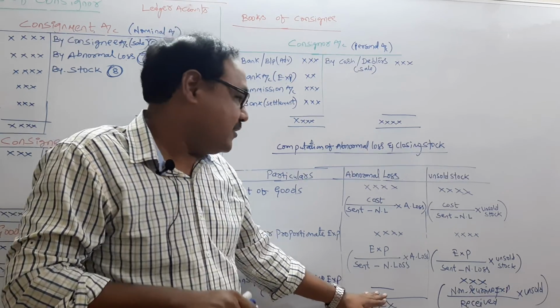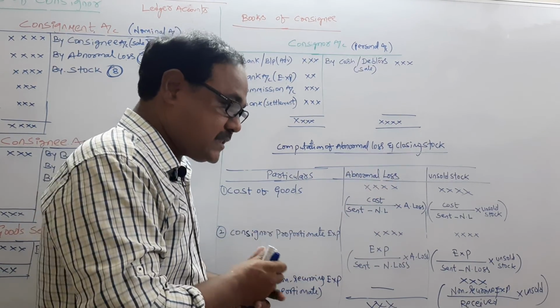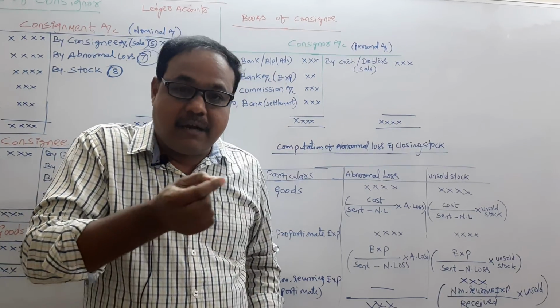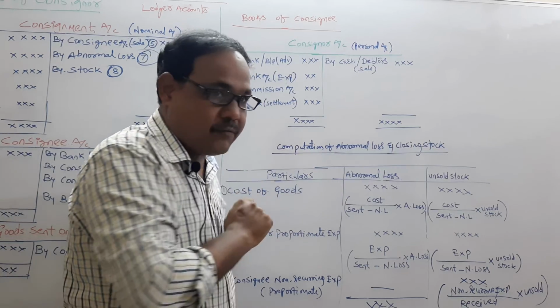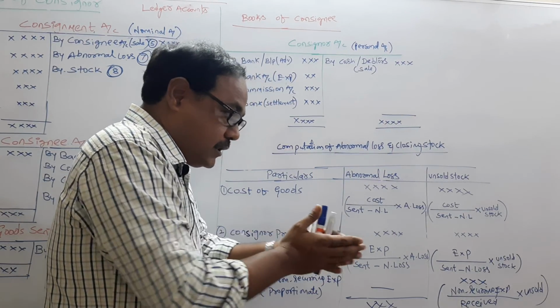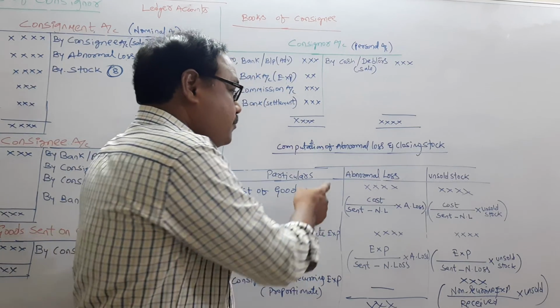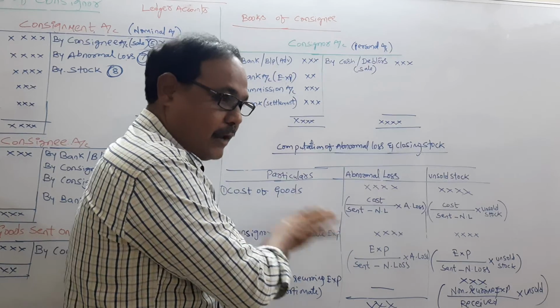Reason: the loss happened in transit. It means the consignee did not spend any amount on the abnormal loss of goods. So before the goods reached the consignee, the loss happened.